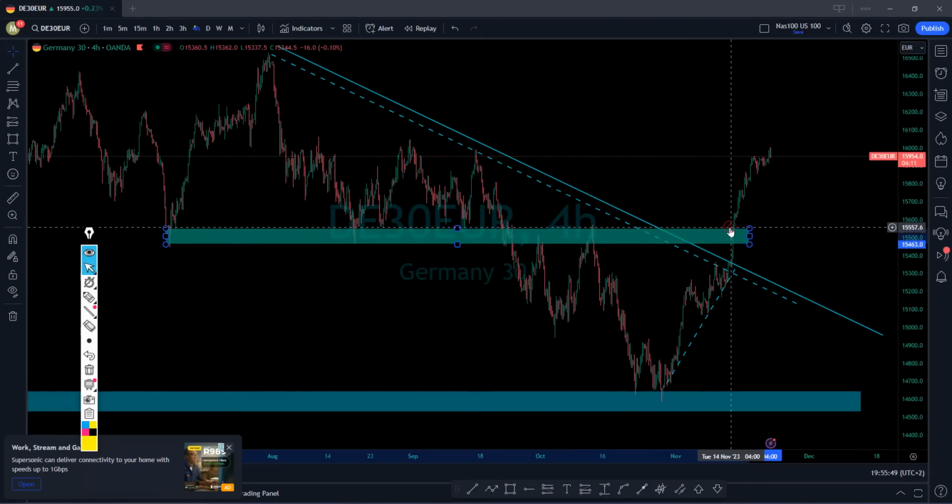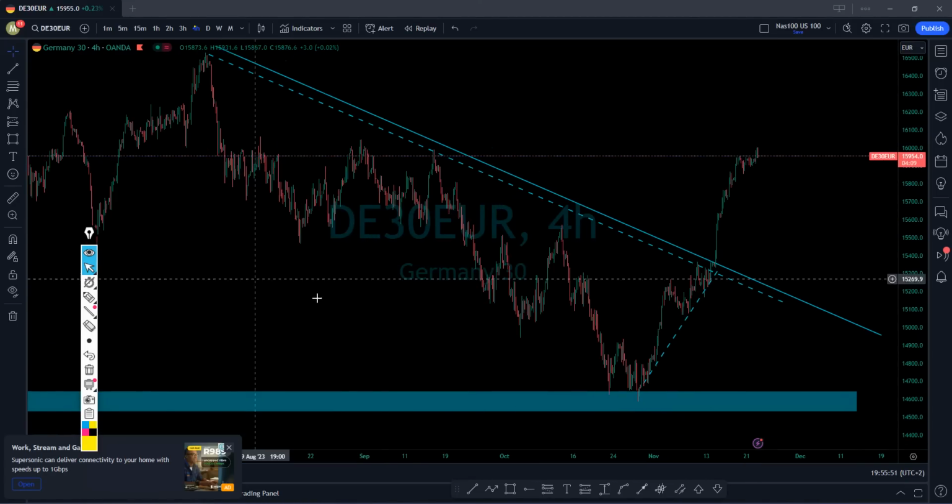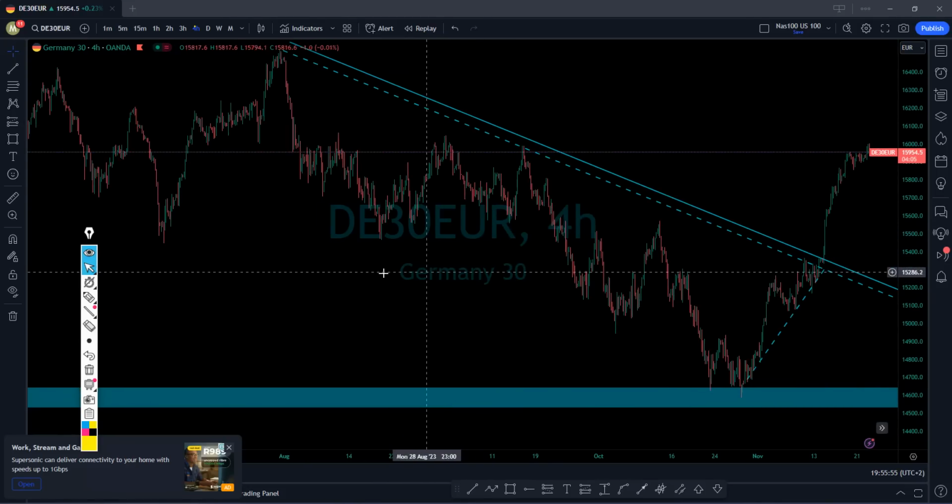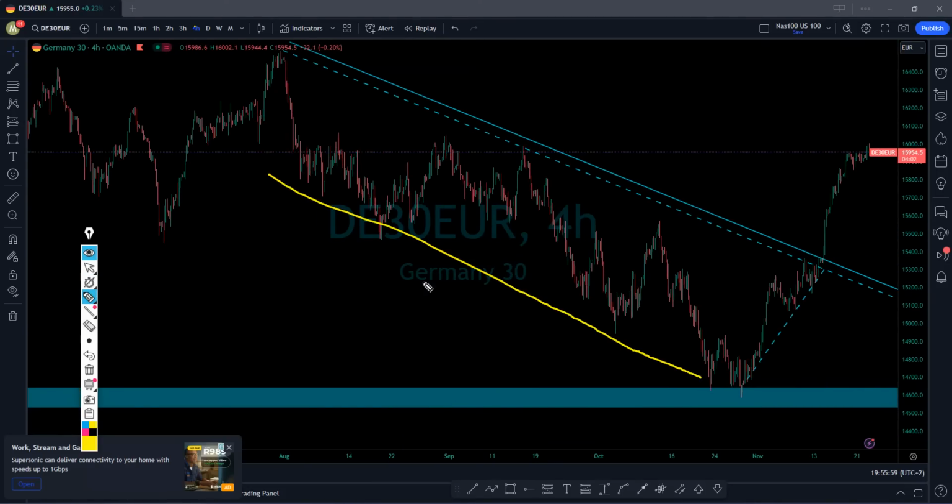Let me go here. I'm just choosing any pair. So let's say we were trading this DAX, it's German 30 or German 40. So let's say maybe we have this structure. I see a horizontal structure there.